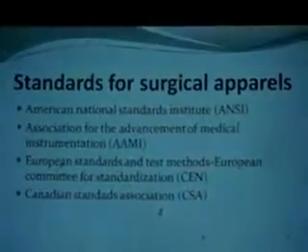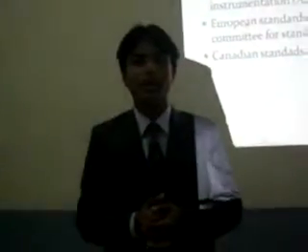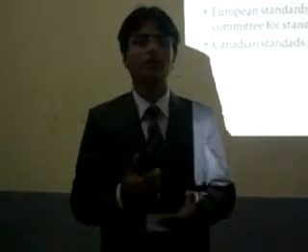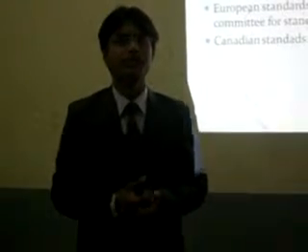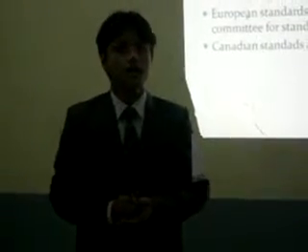Now the standards for surgical apparel. Organizations in the US, Europe and Canada are preparing new performance standards for protective apparel, gowns and drapes, which have either recently been published or are entering the final development stages.